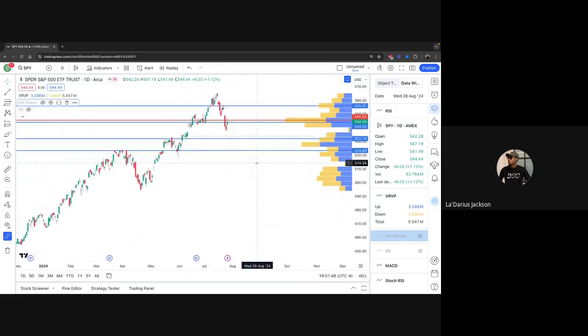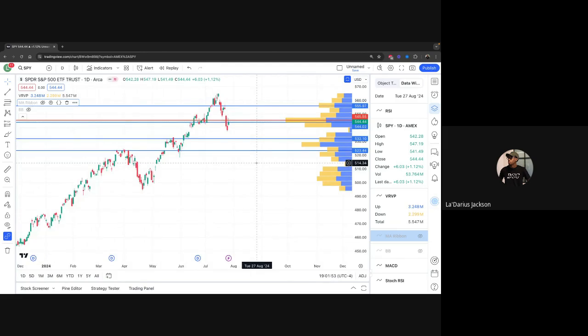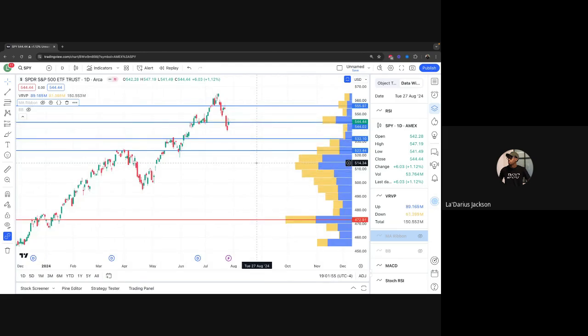There are a lot of other tweaks and things you can do. Actually, I think I may talk a little bit more about the VRVP on Wednesday for my Discord people, because you can also shred down these nodes to make the nodes even smaller. These nodes are big and blocky, but sometimes, especially if you're scalping, day trading, or trading options, instead of having a node this big, you may want to chop it up into 5 nodes per node, which can give you even more information.